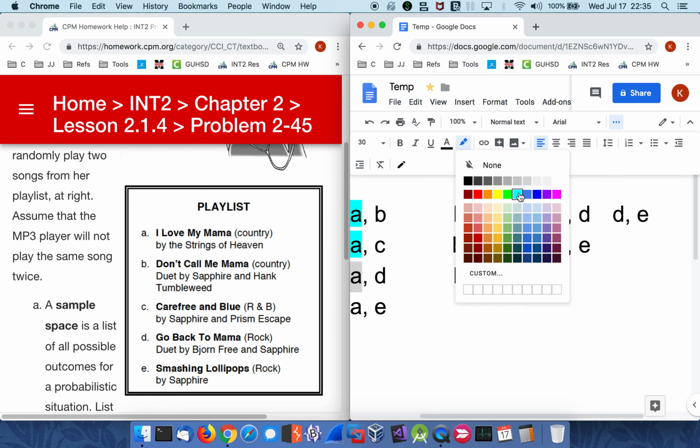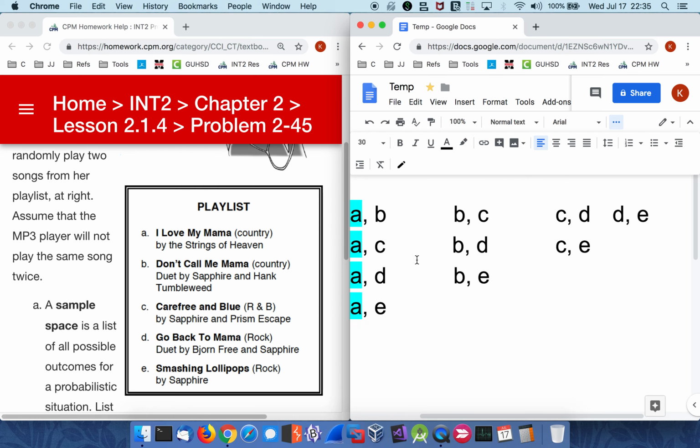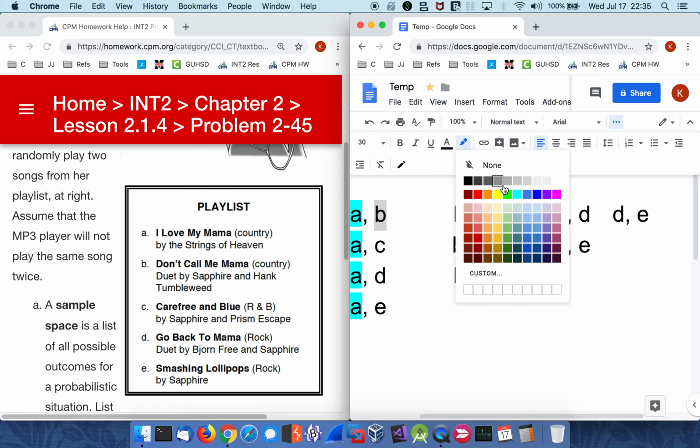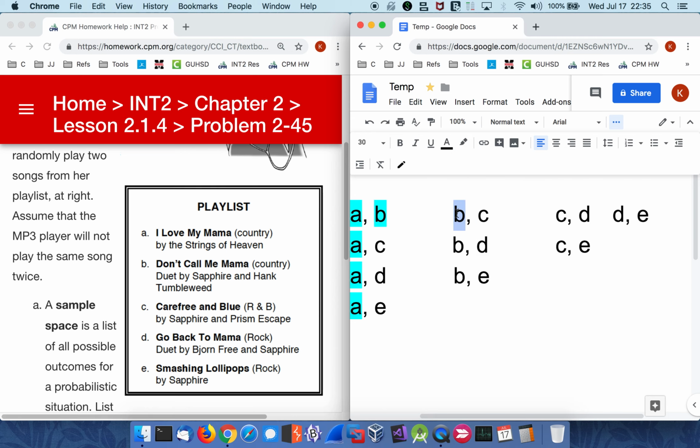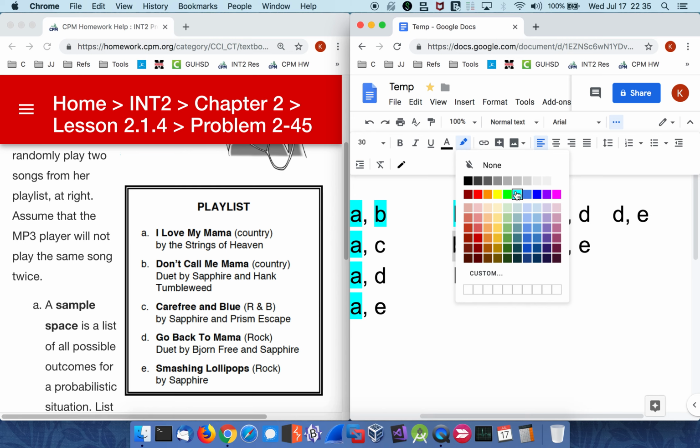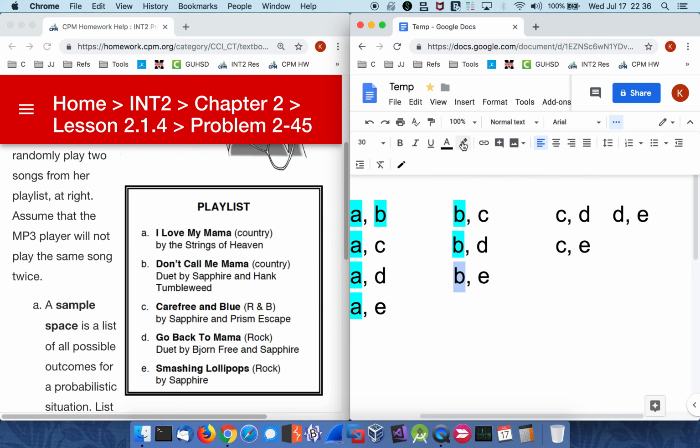Okay, so that's all the A's, because they have Mama in the title. And then B's, so highlight all the B's, because they have Mama in the title.